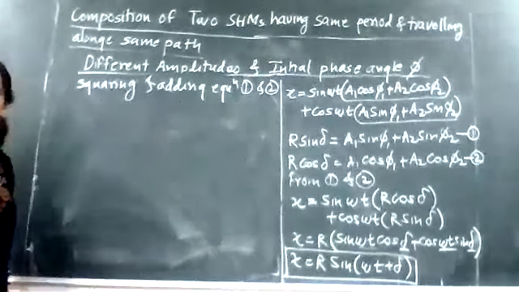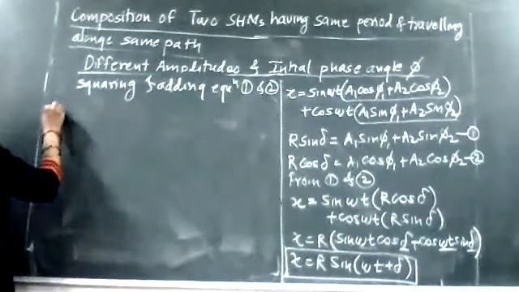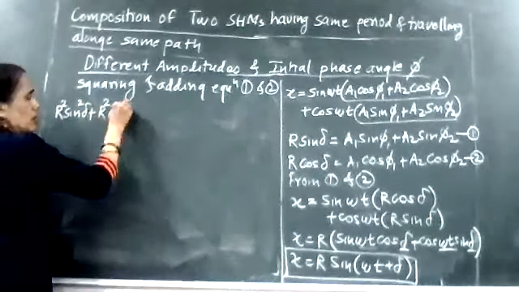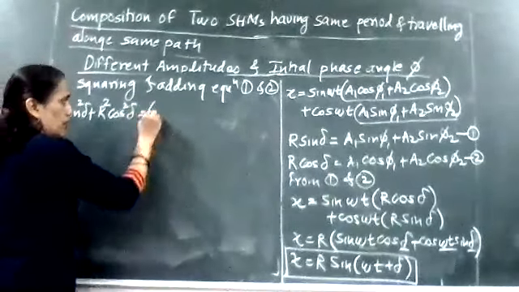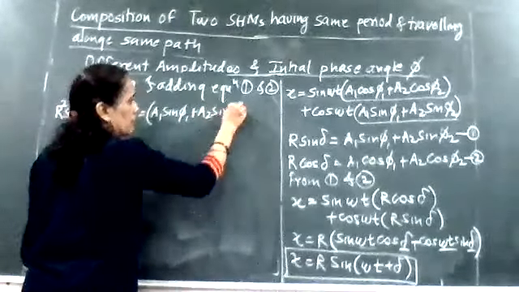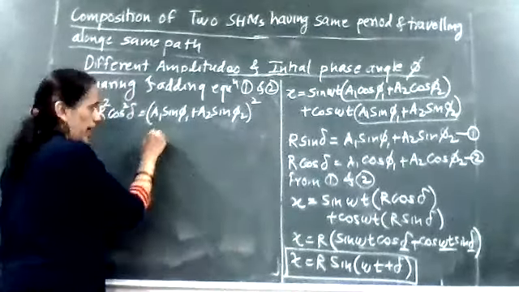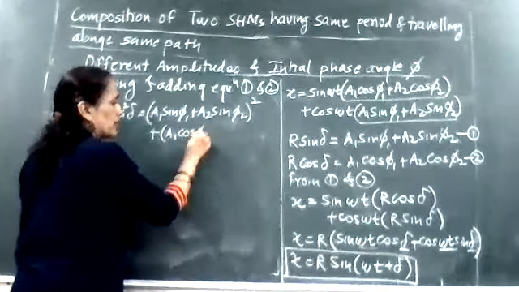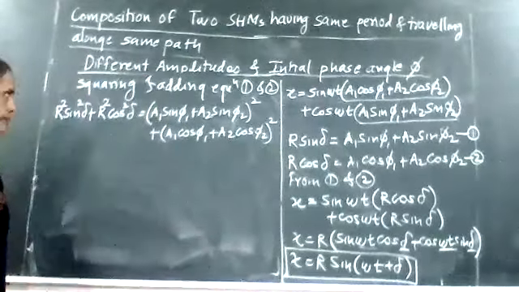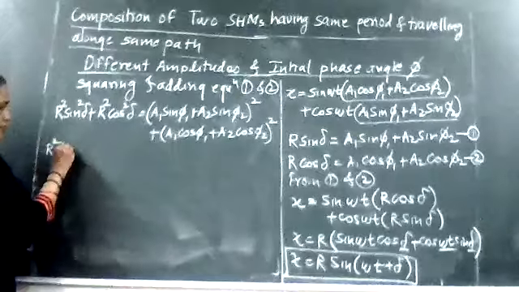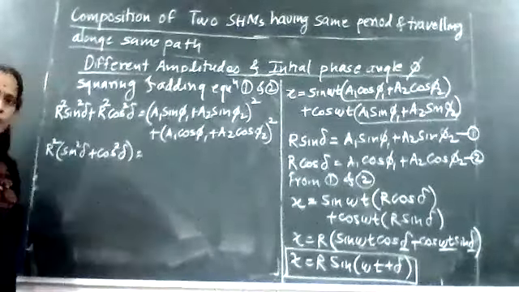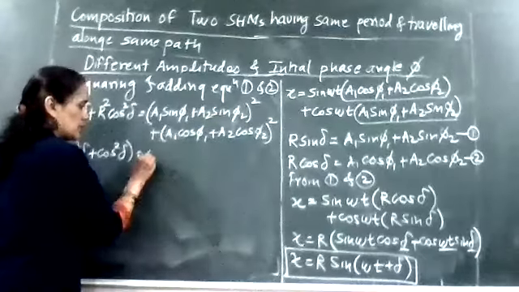So if I square and add equation 1 and 2, what do I get here? R square sin square delta plus R square cos square delta is equal to, now what is that? A1 sin phi 1 plus A2 sin phi 2, whole square, add A1 cos phi 1 plus A2 cos phi 2, whole square. Here R square in bracket sin square delta plus cos square delta is equal to, squaring the terms, what am I getting?